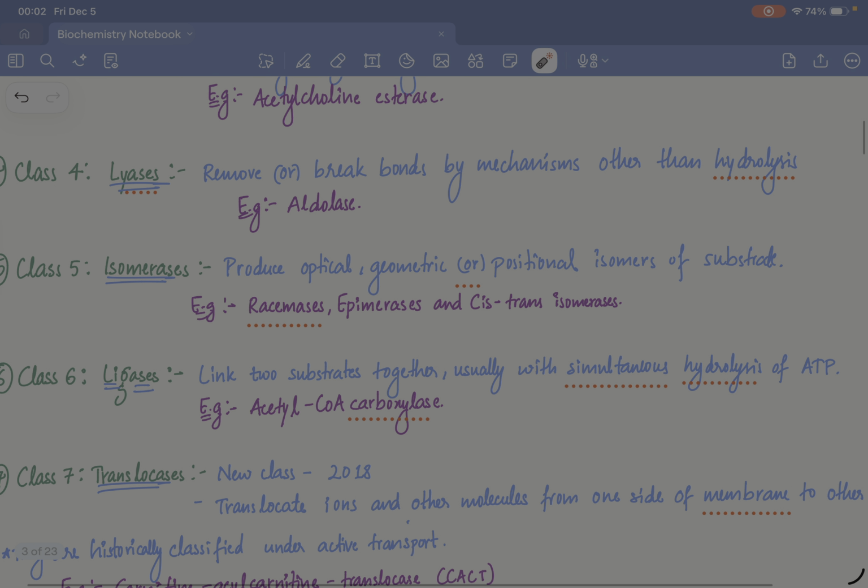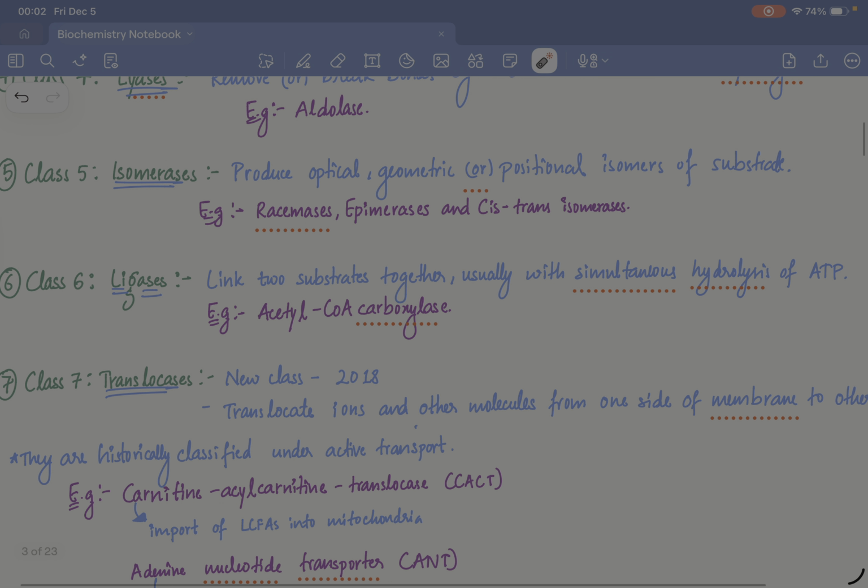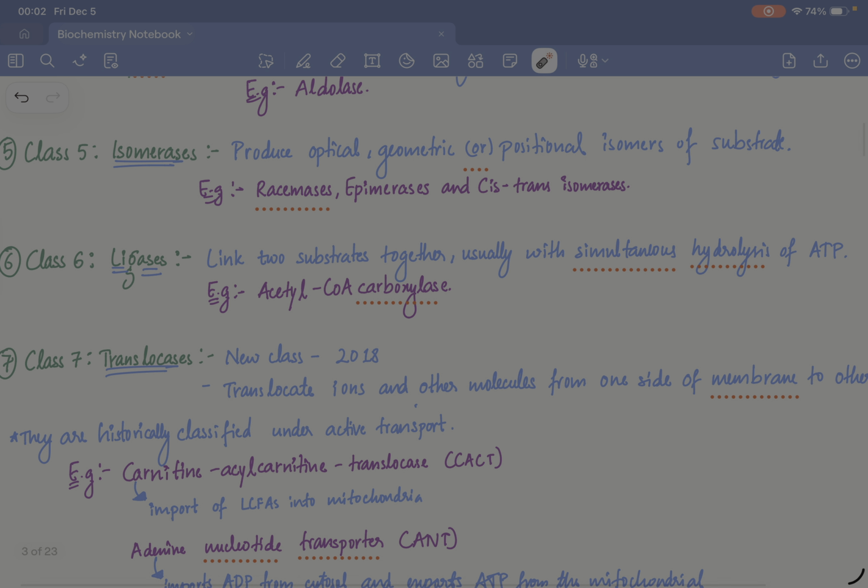Then lyases, they also break bonds but by mechanisms other than hydrolysis. Okay, example is aldolase. Then coming to class 5, that is isomerases. They produce optical, geometric, or positional isomers of the substrate. Okay. Then the examples are racemases, epimerases, cis-trans isomerases.